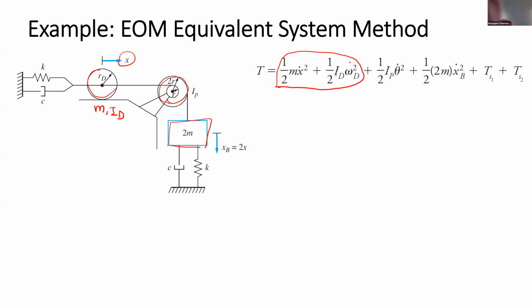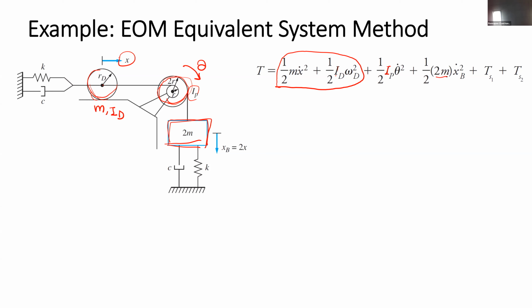This is the kinetic energy of the disk. How about the pulley? The pulley has the kinetic energy of 1/2 of the moment of inertia about point P and theta dot square.